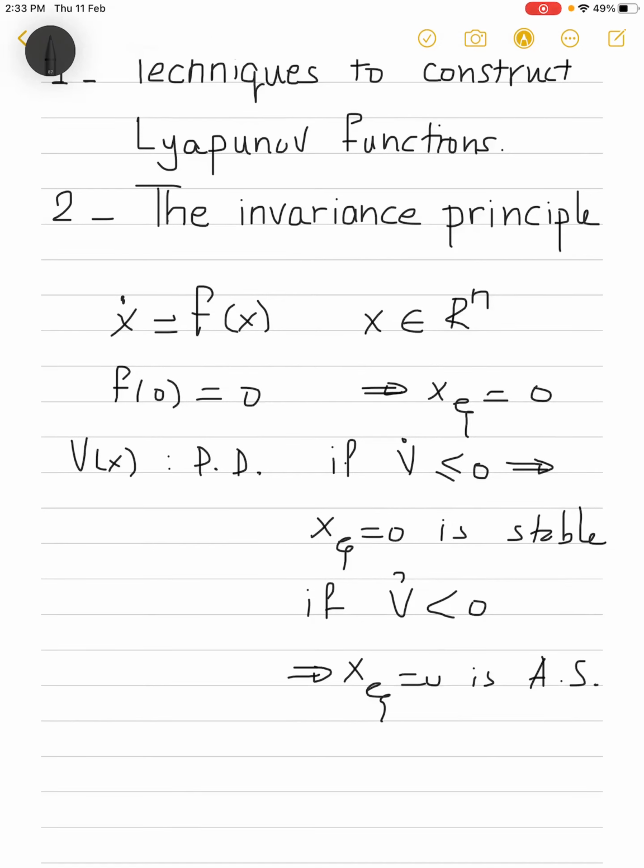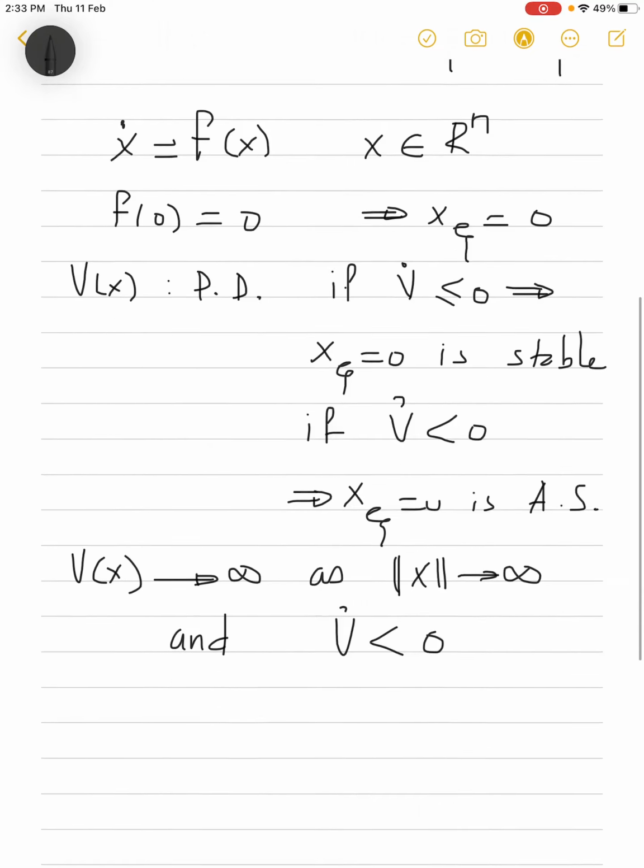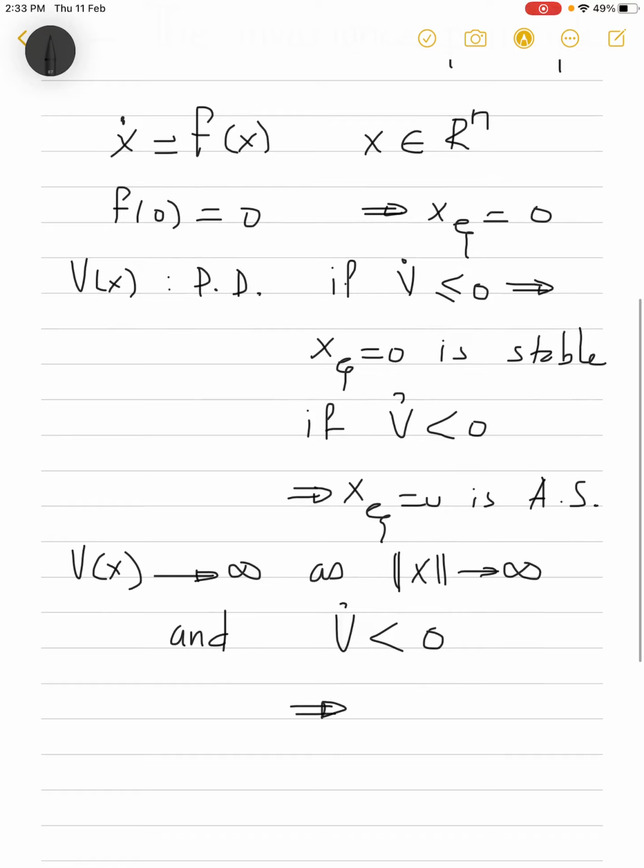If we select v of x to be radially unbounded, that it goes to infinity as the norm of x goes to infinity, and we have v dot less than 0, then in that case we can conclude global asymptotic stability of the equilibrium point at the origin. And again, we have mentioned that this could be the case if the system has only one equilibrium point.